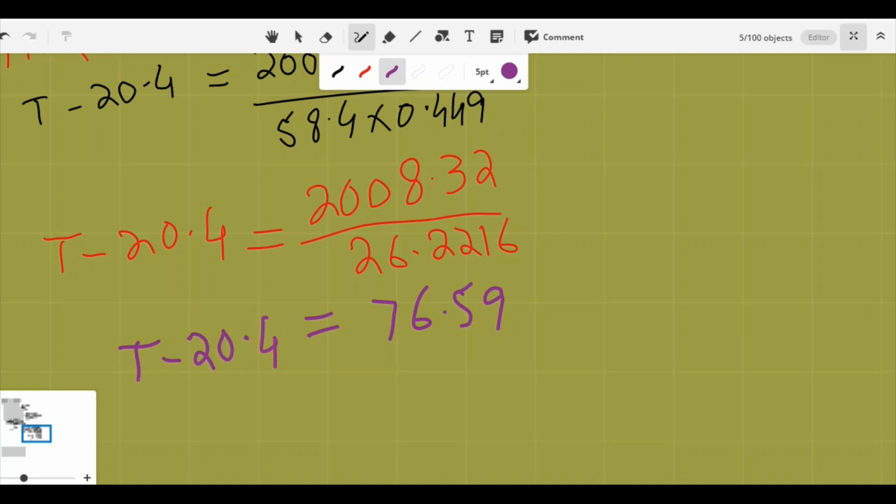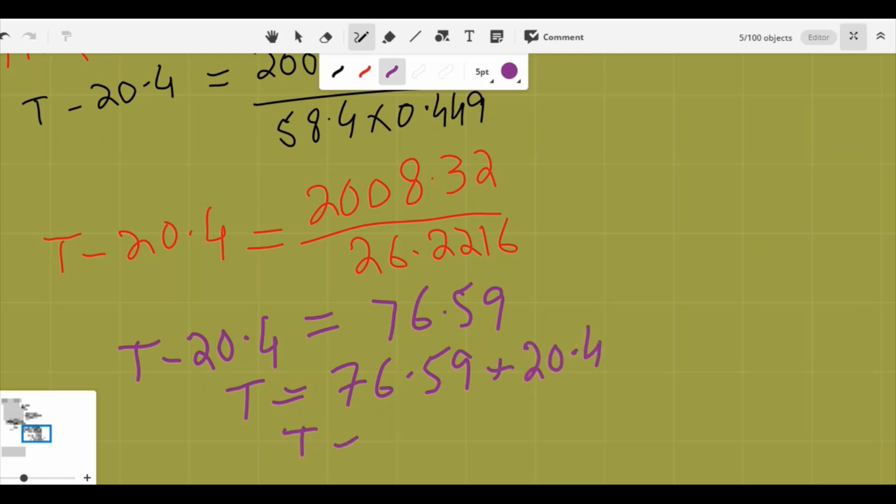Here you can see that on the left side it is minus 20.4, so it is negative. When we shift it to the right side, it becomes positive. So T is equal to 76.59 plus 20.4.